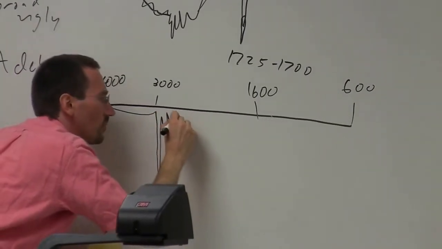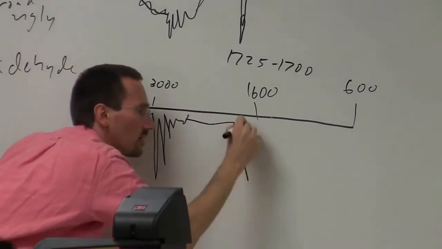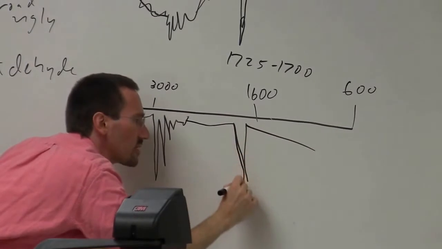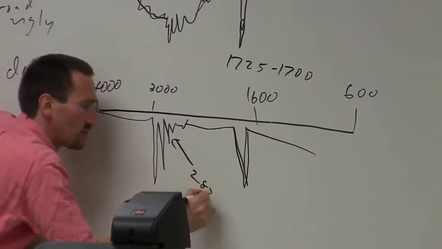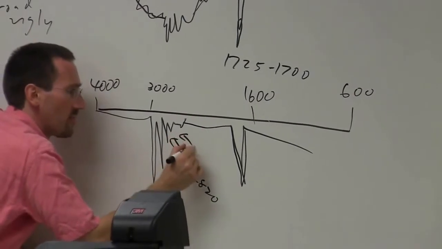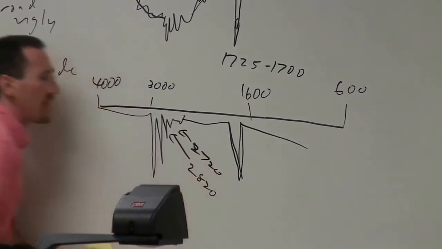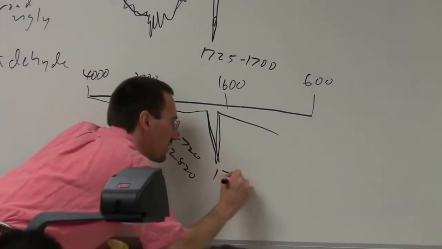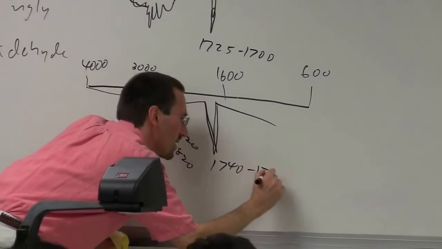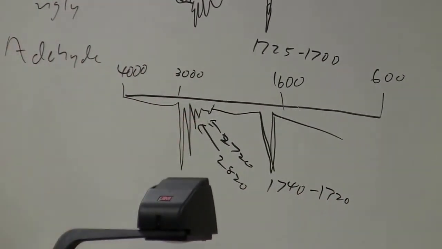Usually what will happen is, right on the edge of things, the carbonyl is really loud. If you look hard, you'll probably pick up a band at about 2820 and a band at about 2720. And then this band at about 1740 to 1720, again unless it's conjugated. So that can help you.